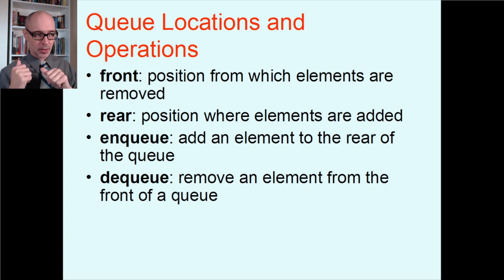And then there's the rear, which is the position where the elements are being added to. So there's the terminology we usually use for that. And then for adding an element to the rear, the book calls it enqueue, putting something into the queue. And then for removing an element from the front of the queue, the implementation in the Gaddis textbook calls it dequeue, for removing a thing from a queue.